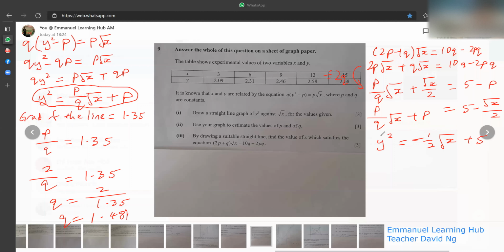Can you see? Y is equal to mx plus c. So the straight line you're going to draw is big Y is equal to minus half big X plus C. This is a straight line you have to draw.